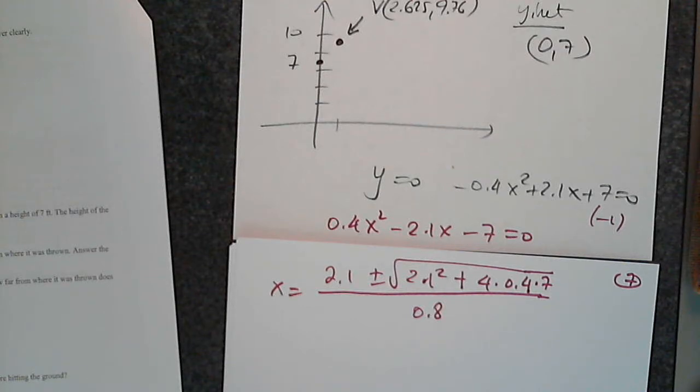I'm going to write 28 times 0.4. Close the parenthesis, go outside of the square root, close the parenthesis, and then divide by 0.8. And then I'll do the same. Of course, I already know that the other one will be a negative solution, but let's determine both. It will be behind me, where I throw the ball.